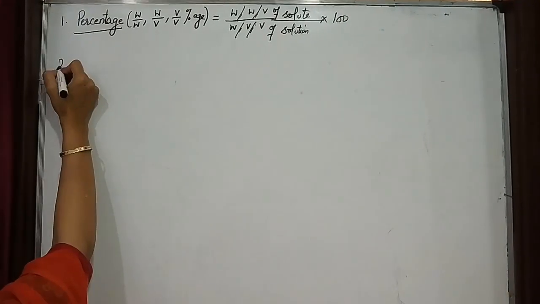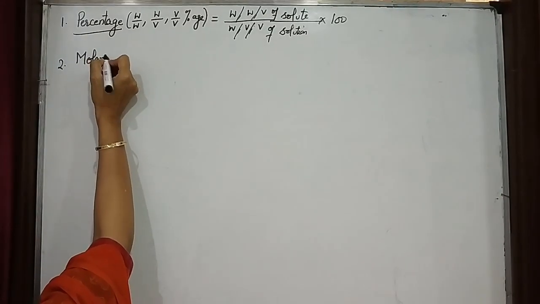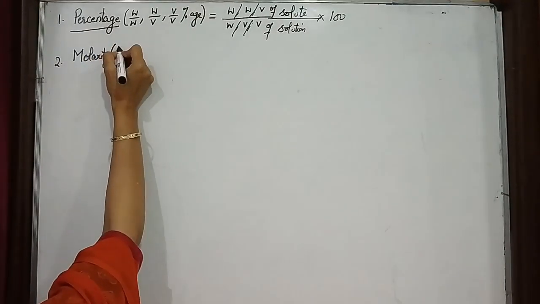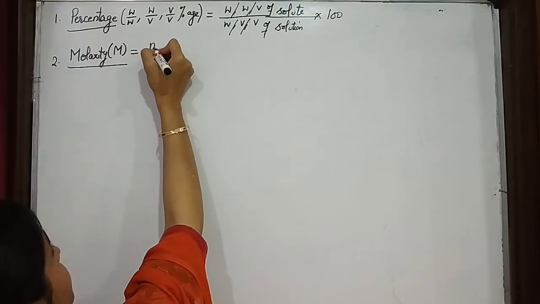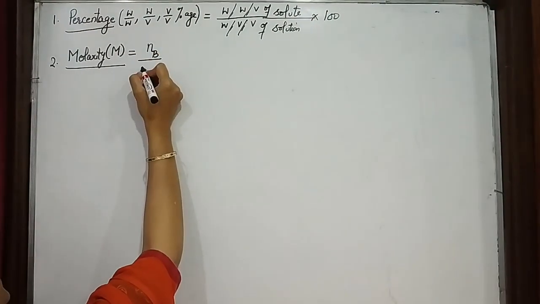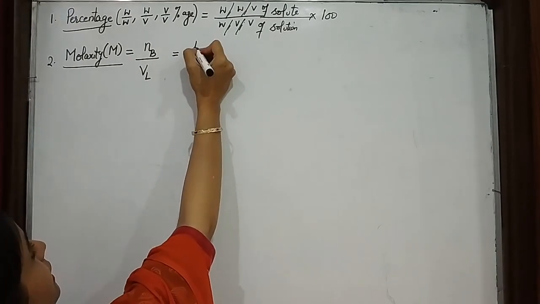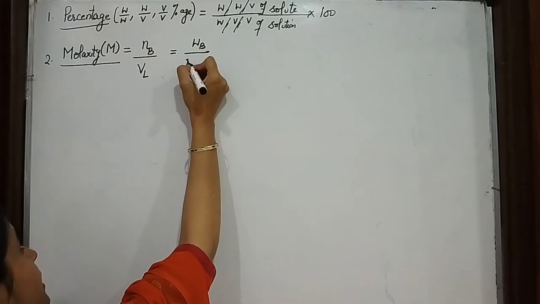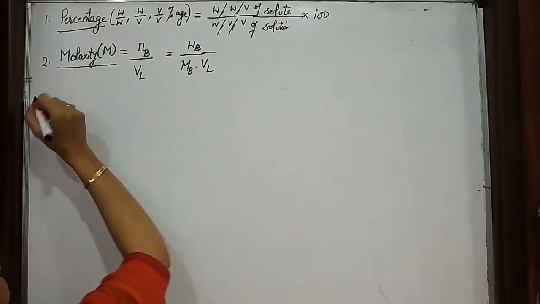Second, we did molarity, which is represented by capital M, and capital M is equal to number of moles of solute present per liter of solution, or it is WB upon MB into volume in liters.